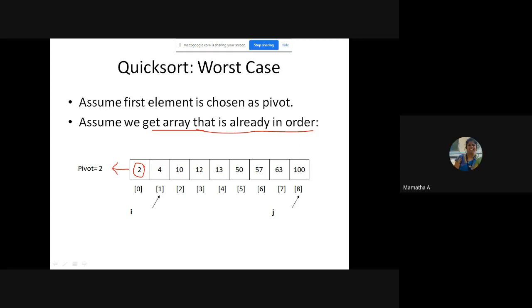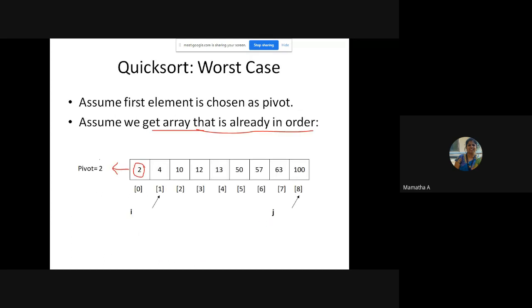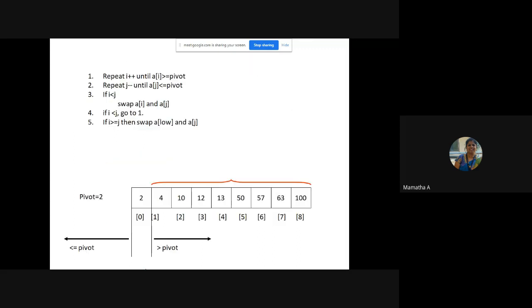You can observe here that since it is in ascending order, the first element is the least one, so there is nothing towards the left, it is 0. This is having how many elements? 9 elements. This will have how many elements, students? 8 elements. That means n minus 1 in general. If there are n elements, my first half will be 0 and the second half will be n minus 1.